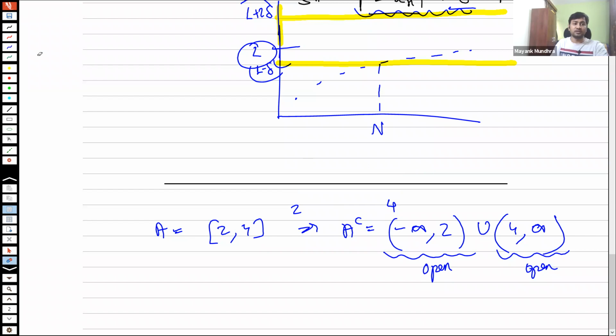If you take any element here, you can construct an interval around it inside the set. So this part is open, and the same applies here. So you have a union of two open sets, which has to be open. So A complement is open, and that's why this set is closed.